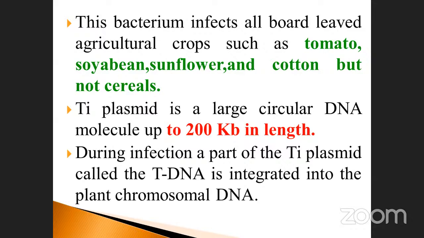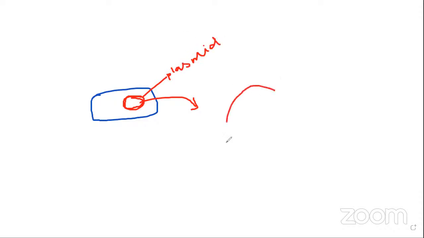Take an example of any one of the bacteria. Inside, there is a plasmid. This is the plasmid, which is also isolated outside.